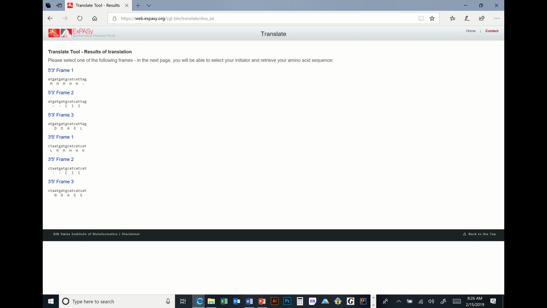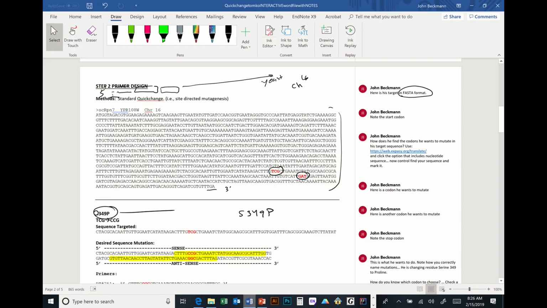And then we would find the specific codon that we want to mutate, and copy that sequence, and then go to our Word file, hit Control Find, and find that sequence, and it should pop up exactly where our mutation is.